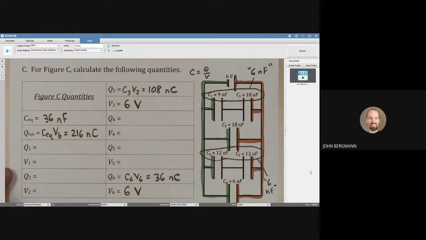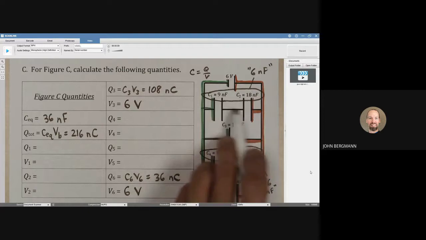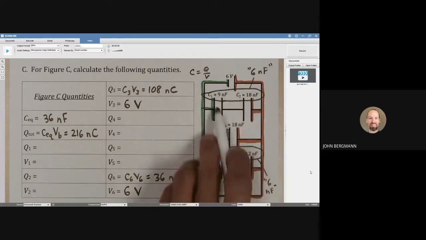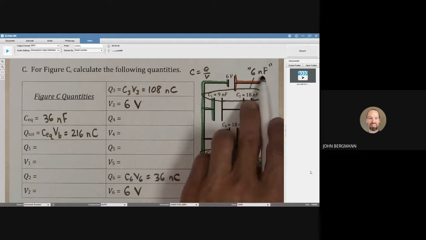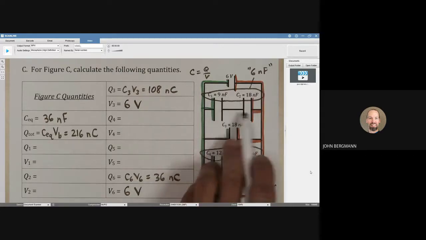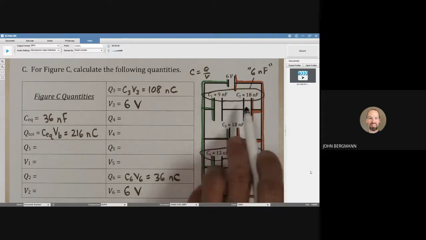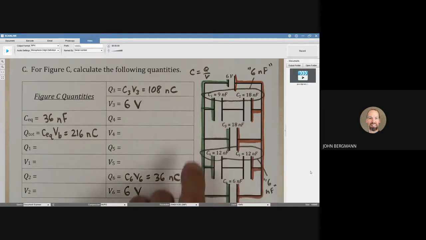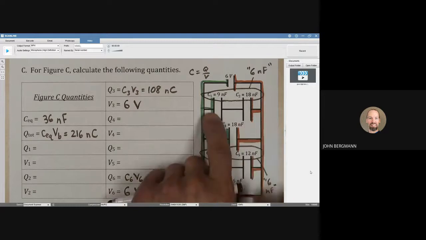Okay, well, now what? Well, we can use this idea of this pretend capacitance. If we took this whole thing here and put one capacitor there, it would be a 6 nanofarad capacitor, and the voltage across that 6 nanofarad capacitor is 6 volts because it's red on this side and it's green on that side.